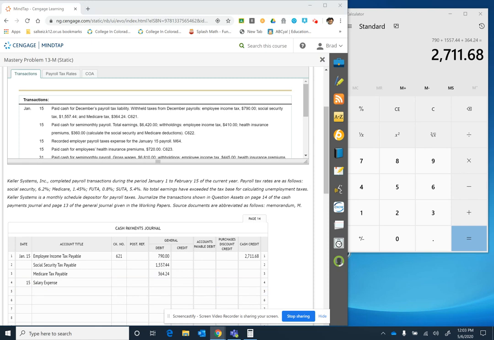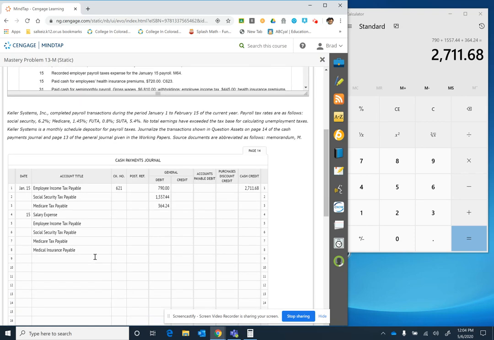In our salary expense on a bi-monthly basis, we're going to record our employee income tax payable, so our federal income tax. We're going to record our Social Security tax payable. We're going to record our Medicare tax payable. And because we also have health insurance here, we're going to include our medical insurance payable.